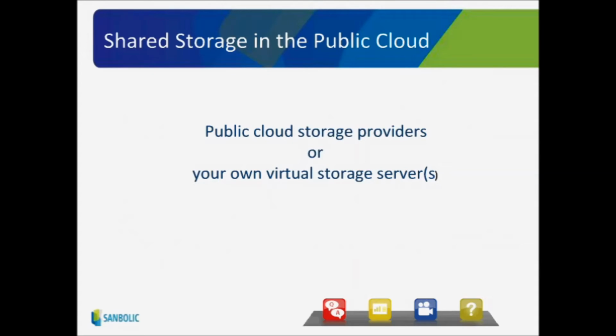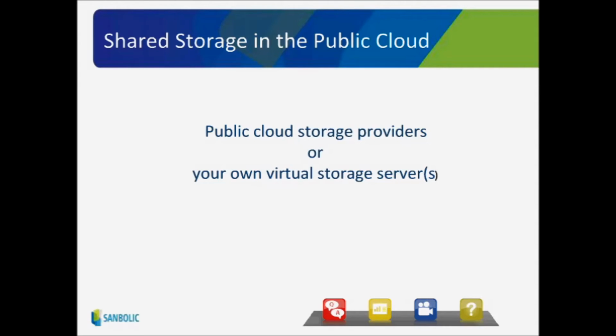These are storage providers that have dedicated storage that you can subscribe to, and they'll deliver that storage right to your virtual machines, typically over an iSCSI connection. The second option is you can build your own virtual storage servers. So you can set up EC2 instances to run as storage servers and act as a virtual storage array, essentially.